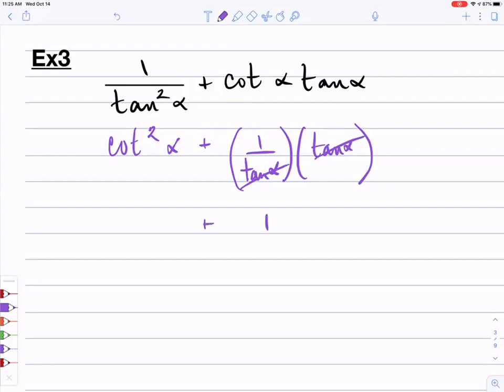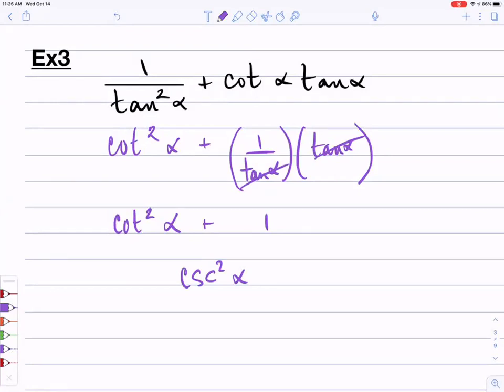I'm left with a 1. Hey, what does cotangent squared plus 1 equal? This is cosecant squared.